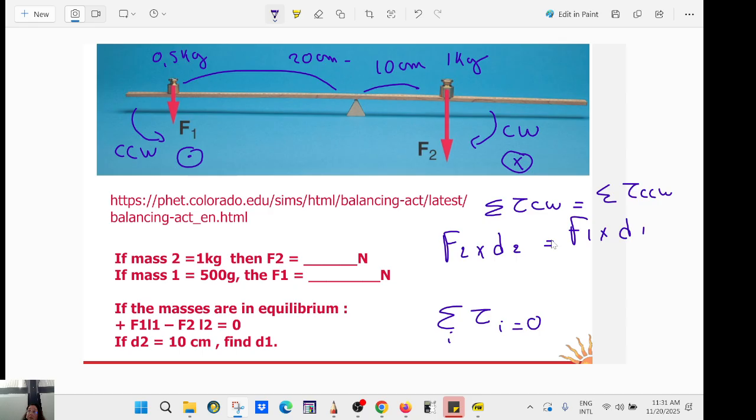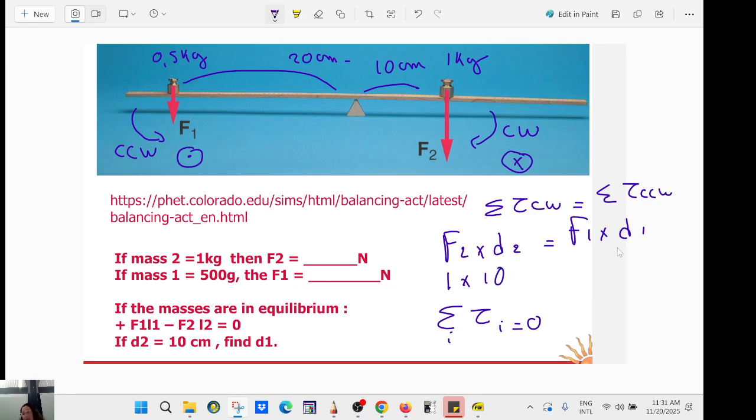Because you have an equal sign, you don't need to convert distance or force as long as it's the same unit on both sides. Only when you have an equilibrium. If you are asked to find the torque, then you need Newtons and meters. In that case, you can just keep kilograms. So this is 1 kilogram times 10.